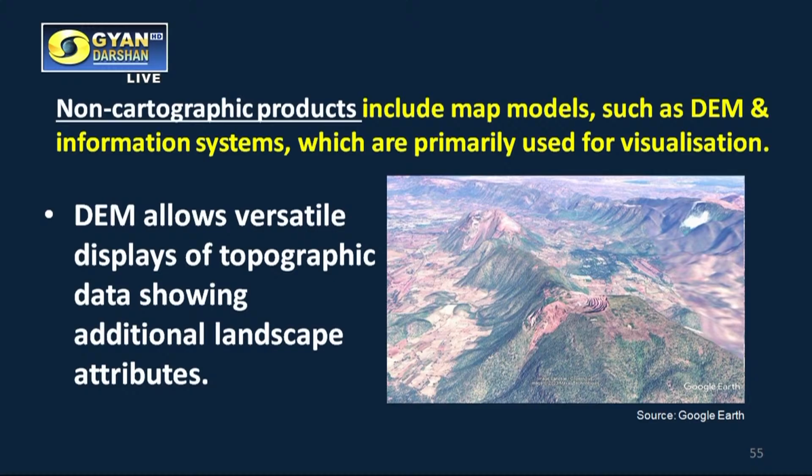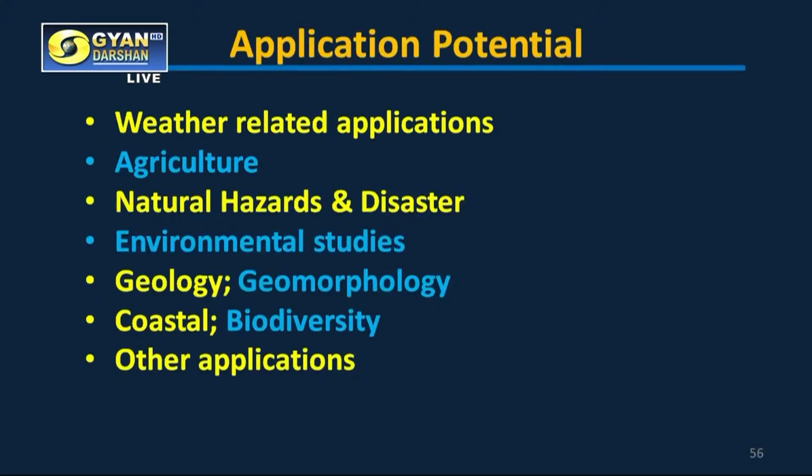The non-cartographic products include map models such as digital elevation models and information systems, which are primarily used for visualization. The DEM, that is the digital elevation model, as you can see in this image, displays a versatile view of topographic data showing the landscape attributes.